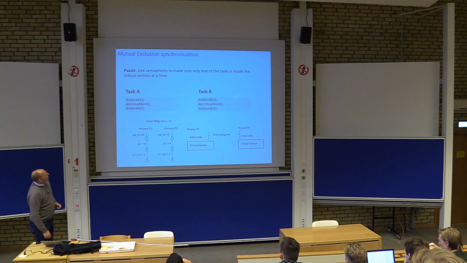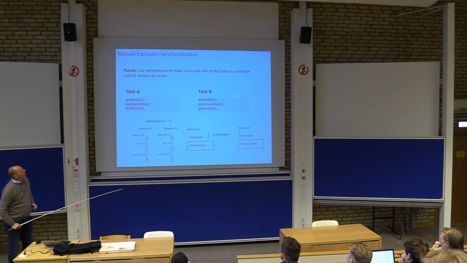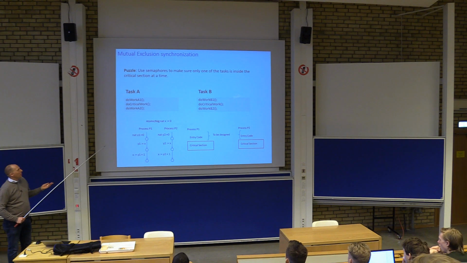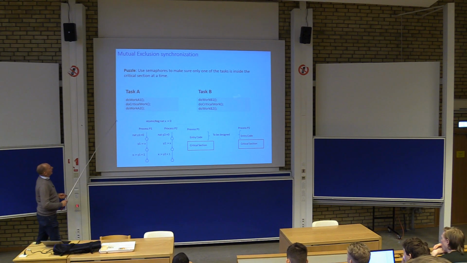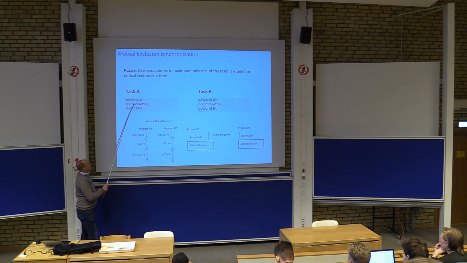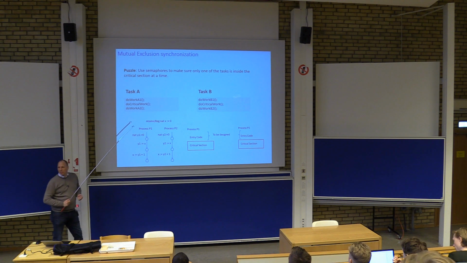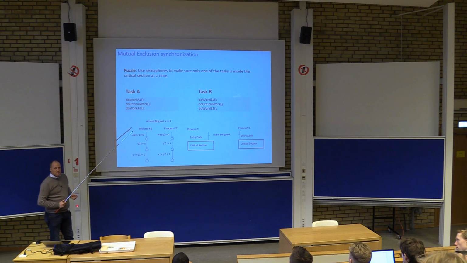Okay, so during the break you can think about this mutual exclusion problem again. Can we use semaphores to implement that, in this case where only one of the two tasks will be executing this critical work function at a time? So how many semaphores do we need?